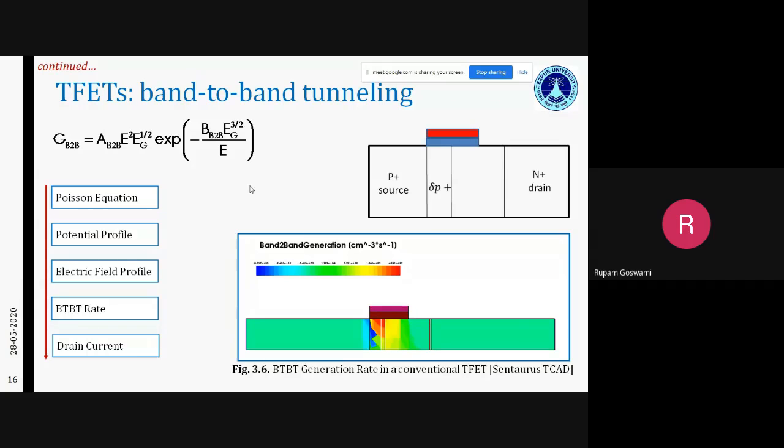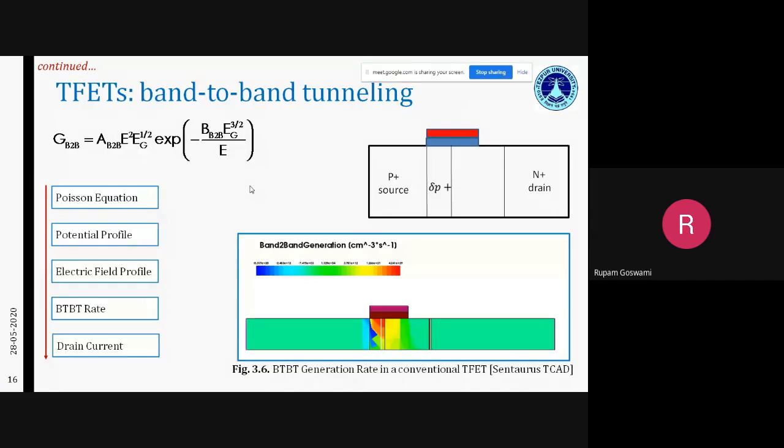So now most of the students ask this question. The question is something like this: we have the potential profile, we have the electric field profile. So obviously anyone having the equations can directly jump to the drain current. So we do not need to derive them. That is one of the very common questions which we normally encounter during the research seminars.